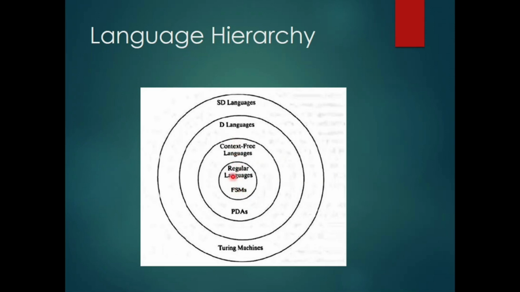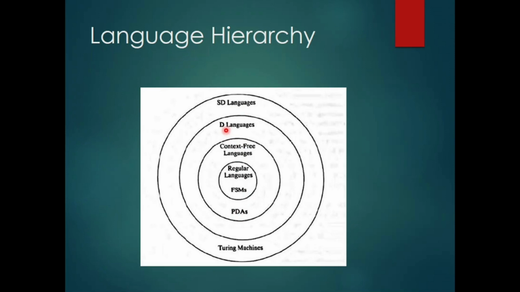So the solution using FSM is restricted only to regular languages. As I go outwards, I require different machines to solve the problems. Context-free languages can be solved using PDAs, which stands for pushdown automata. And still, there are non-context-free languages which cannot be solved using PDA.